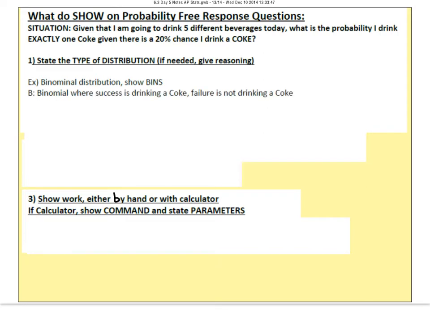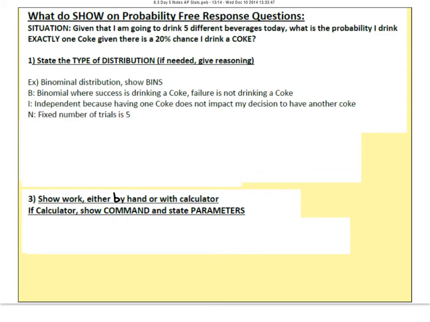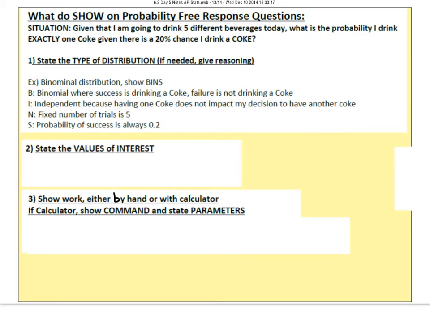I'm going to say it's binomial, where success is drinking Coke, failure is not. I'm going to show it's independent because having 1 Coke doesn't impact the other decision. The number of fixed trials is 5 times, and I'm going to say the probability of success is always 0.2. So for binomial, you must state that. And I'm covered because I've talked about the distribution, so covering the distribution is done.